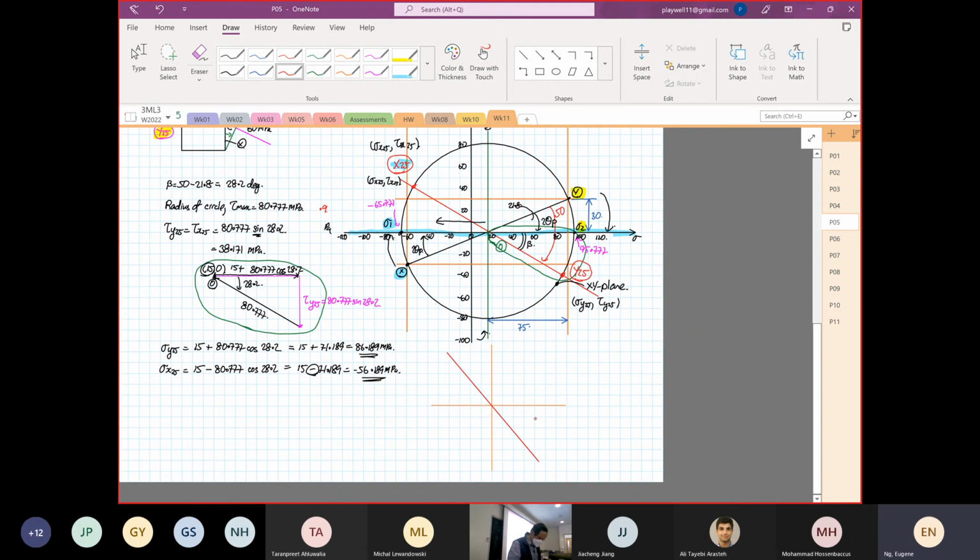So this is our X and Y. Now we rotate this clockwise. Sorry, 25, not 50. What am I doing? 25 degrees, not 50. I do apologize. Okay, 25 degrees.